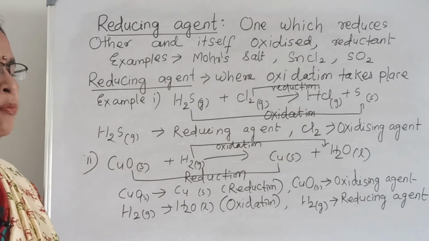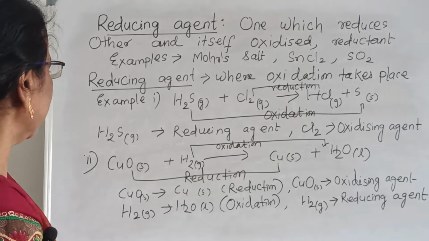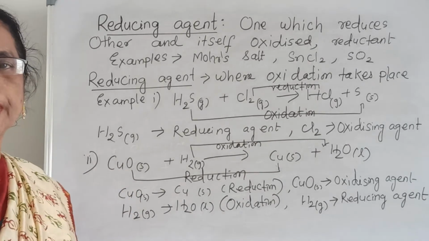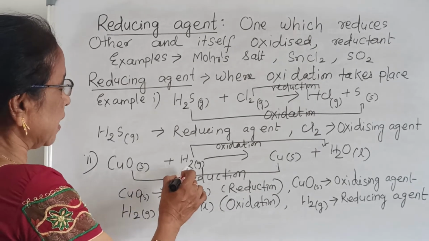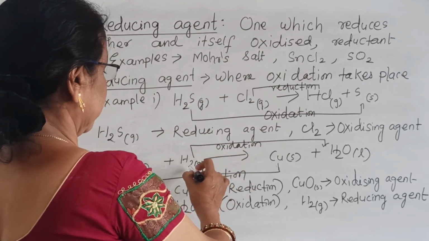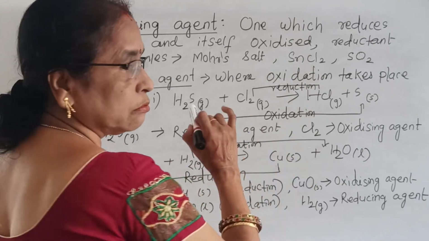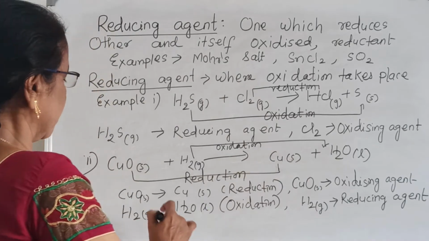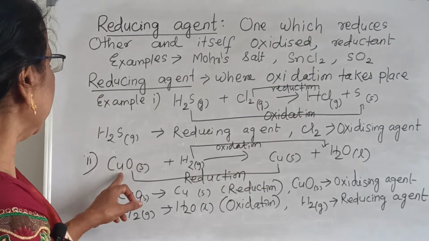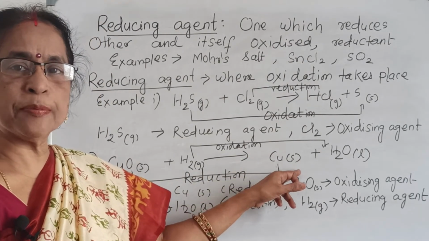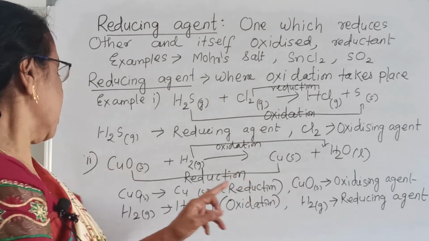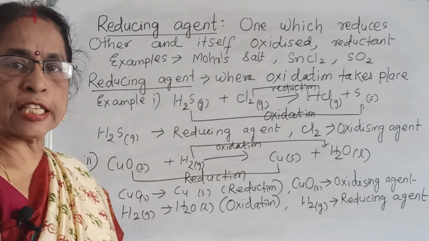Now the second example, a very important one: CuO, cupric oxide, a solid, and hydrogen, and the products are Cu, copper solid, and water, liquid. You can observe CuO changes to Cu. What is the meaning? Removal of oxygen. Removal of oxygen means reduction takes place.